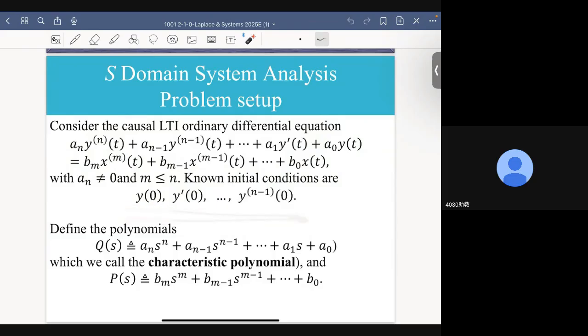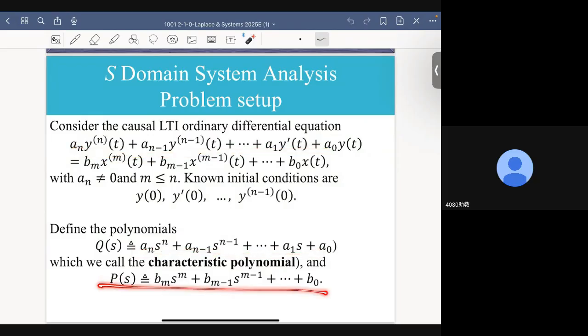We need to know the initial values of y and y dot, all the way up to the n minus 1 derivative of y. Now, we also want to define two polynomials. One is what we call the characteristic polynomial Q of s, which is made of the coefficients of the left-hand side of the ordinary differential equation.